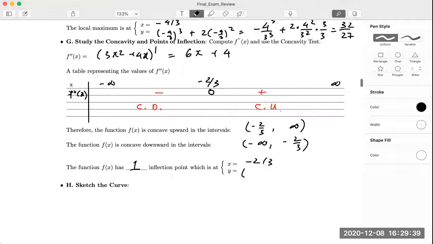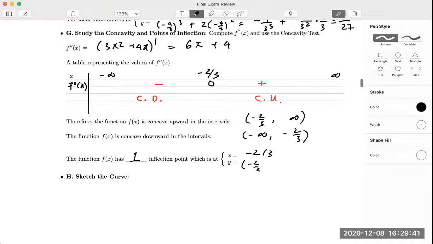Okay, y will be negative 2/3 cubed plus 2x squared, which is 2 times 2/3 squared. And yes, it's your job to find this, and let us find it.